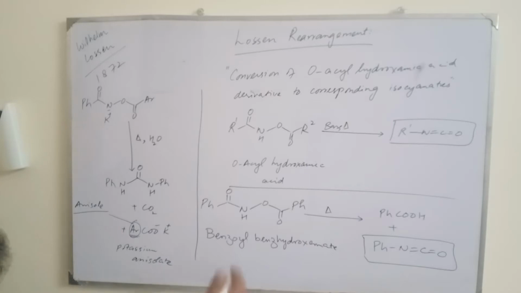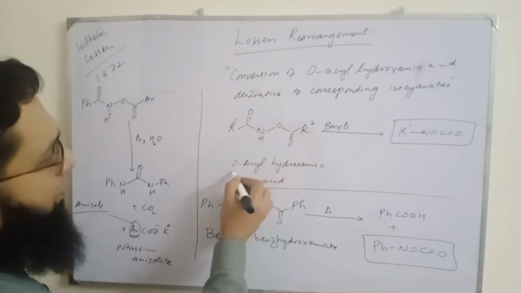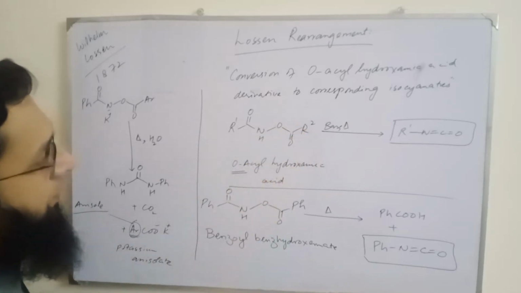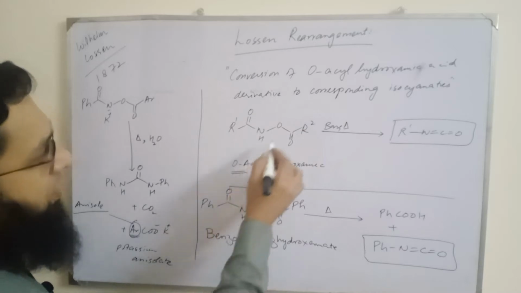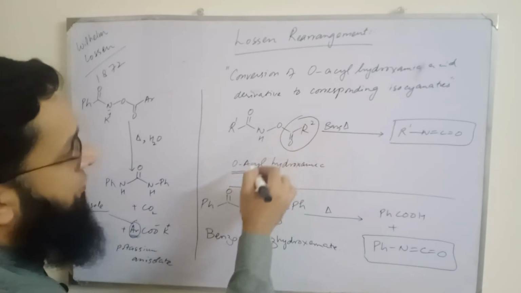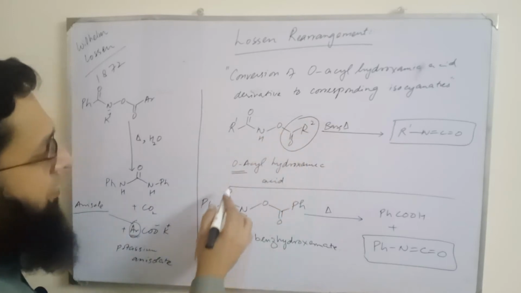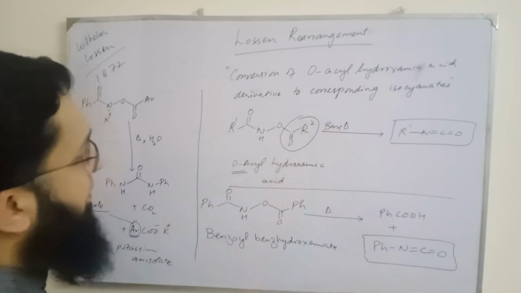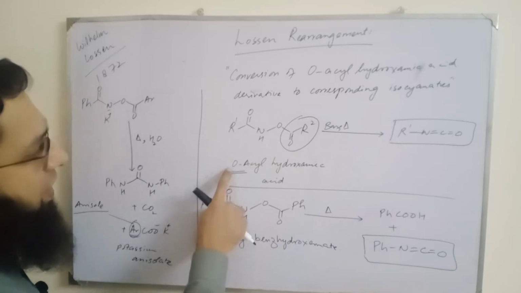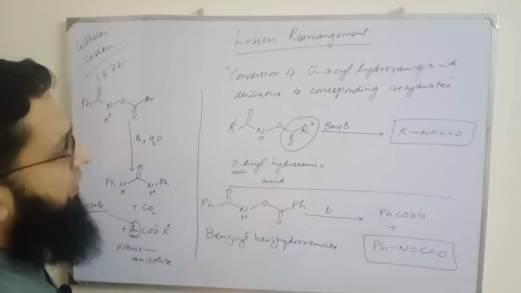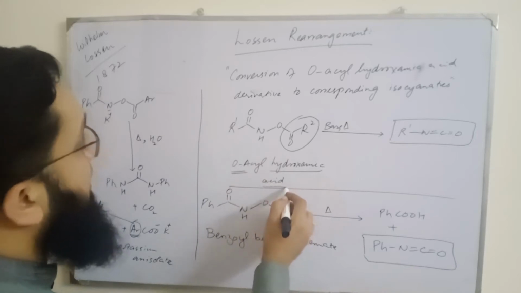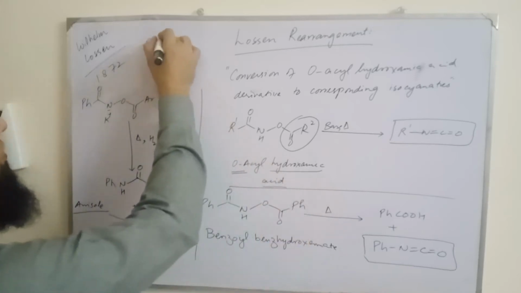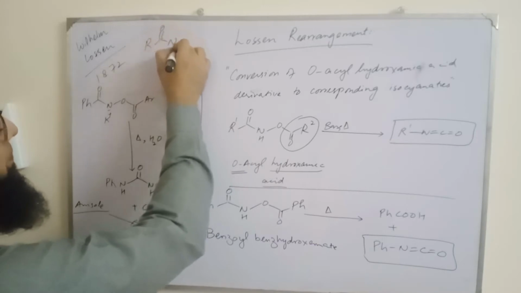And if we see, this is called an O-acyl derivative. And why is it called an O-acyl derivative? Because this acyl group is present on oxygen. So when the acyl group has been installed on oxygen, it is called an O-acyl derivative. And why is it called hydroxamic acid? Because the general structure of hydroxamic acid is this one.